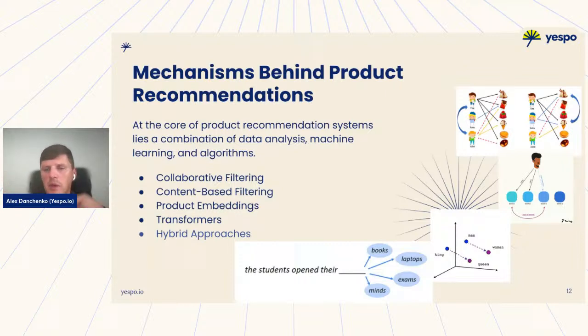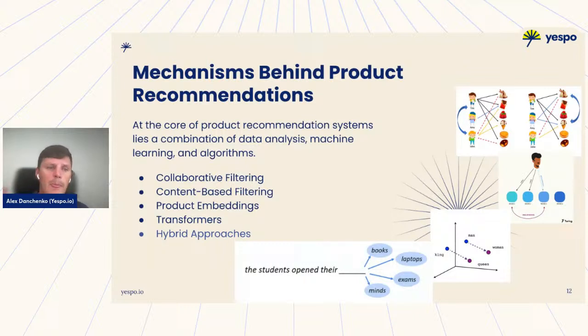And in the same way, we can use product embeddings to understand how close different products are in their description, in their naming, or in their sense.